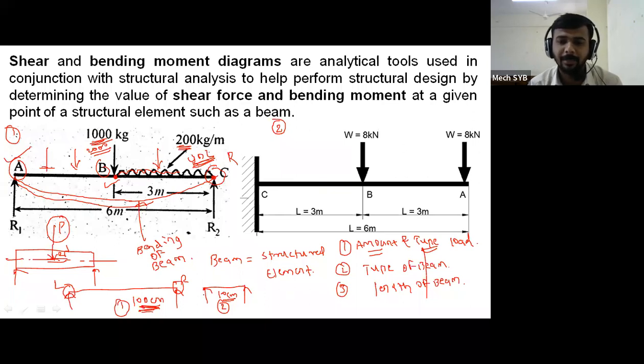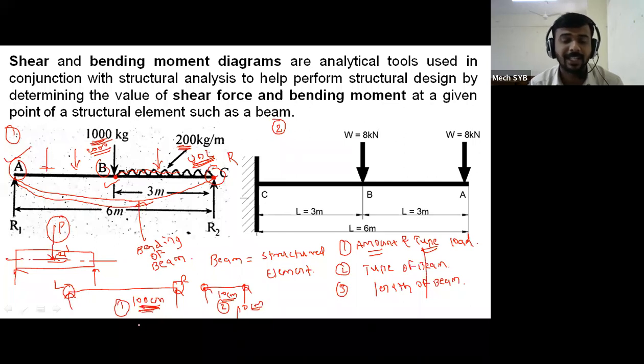Similarly, in the second beam, again there is a left support, again there is a right support, and the distance between these two supports is only 10 centimeter. Okay, so in this 100 centimeter length, there is no support present at the center point or somewhere near the left support or near the right support.